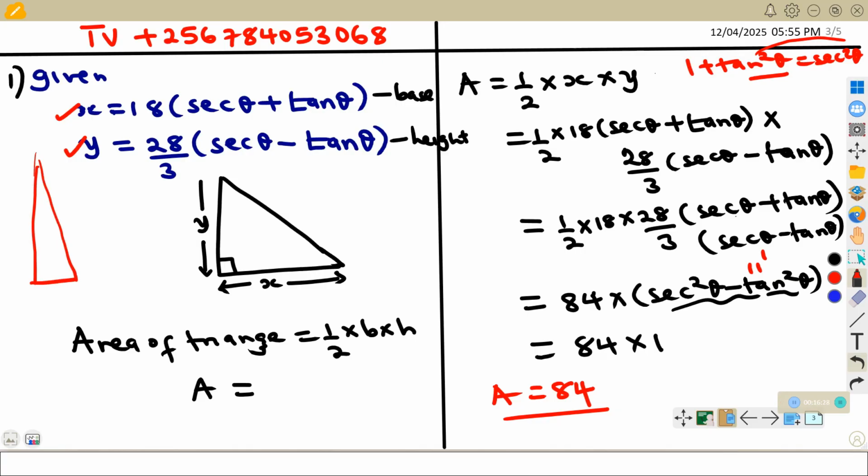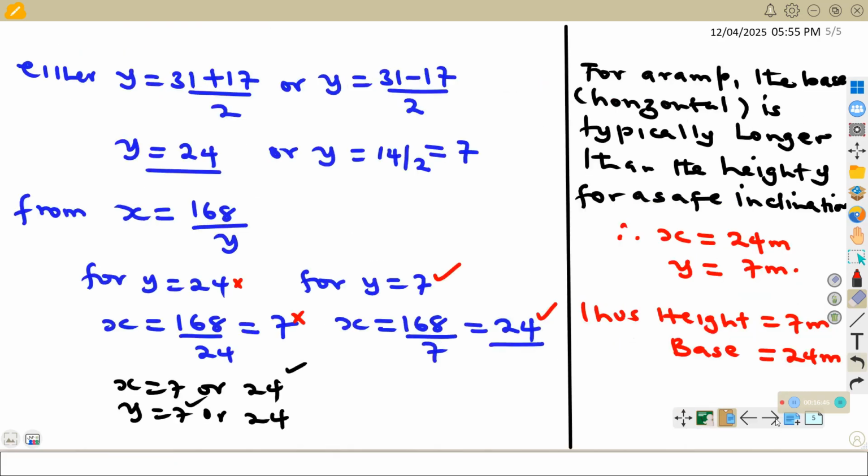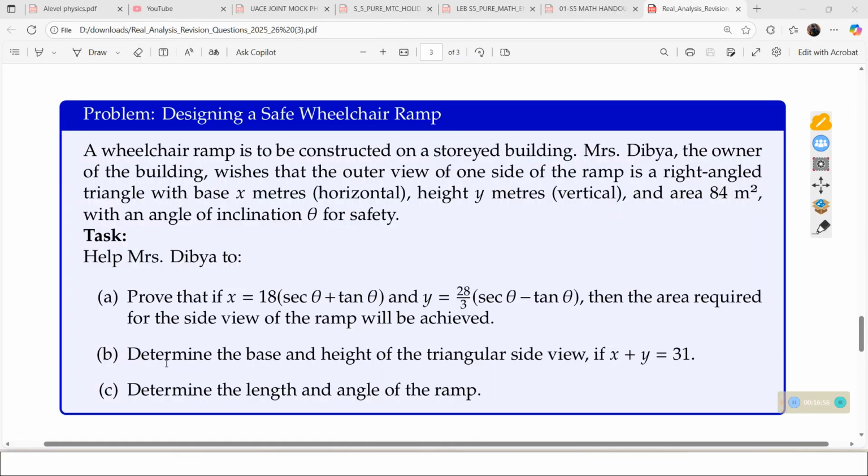So the inclination will be something like that, which will not be a better inclination. So for better inclination, we should take this one here a bit longer than this. So that's why we are choosing the set of the values of x and y to be 7, and the base to be 24. Okay, so it means this part here, part B, will be answered.